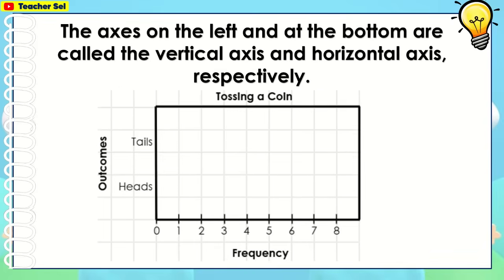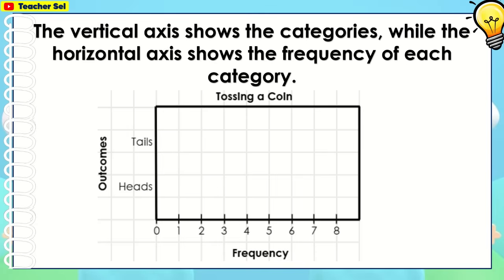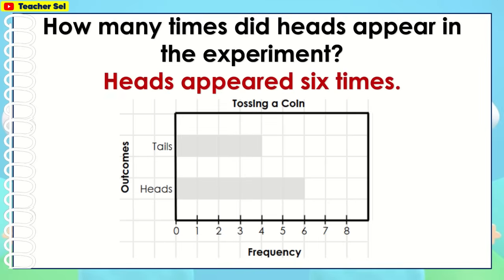The axes on the left and at the bottom are called the vertical axis and horizontal axis respectively. The vertical axis shows the categories, while the horizontal axis shows the frequency of each category. How many times did heads appear in the experiment? Heads appeared 6 times.